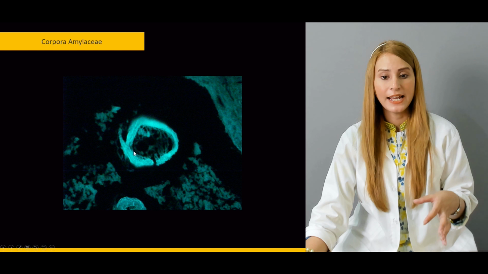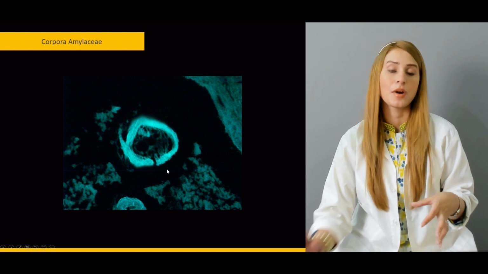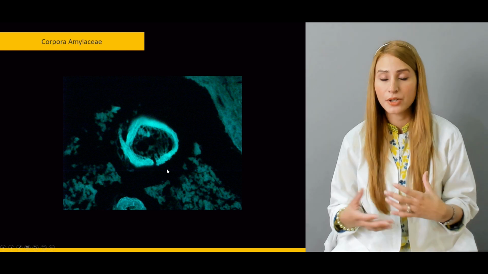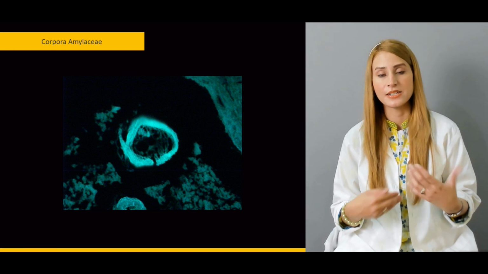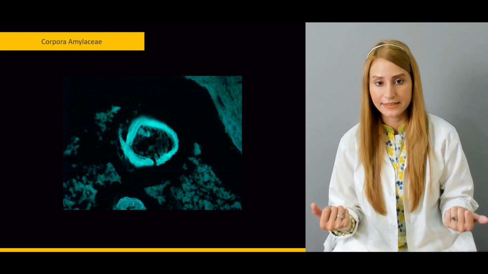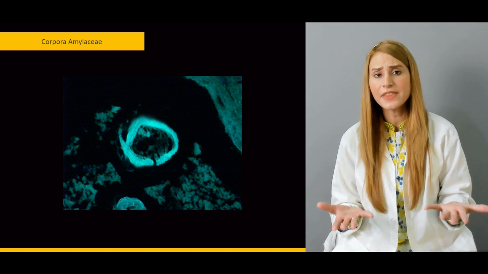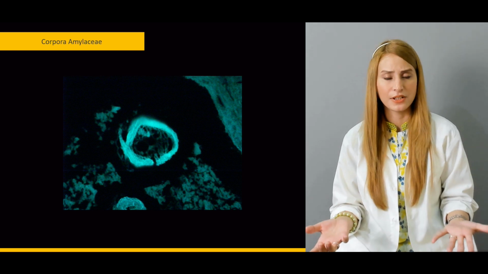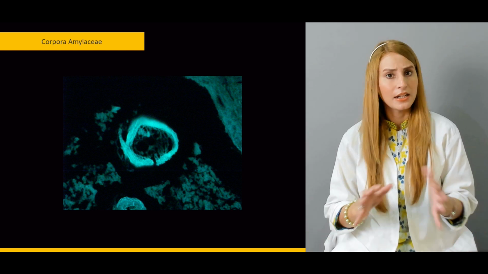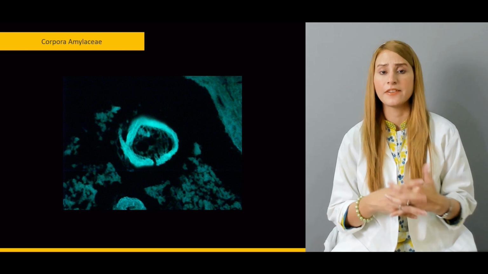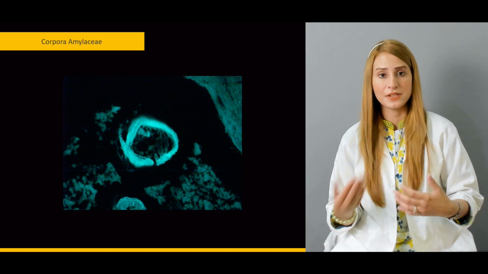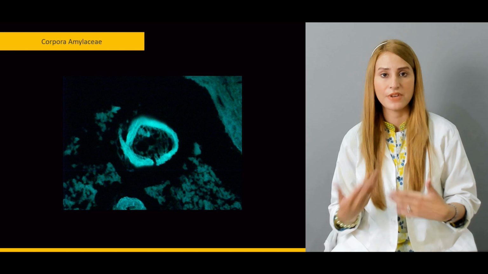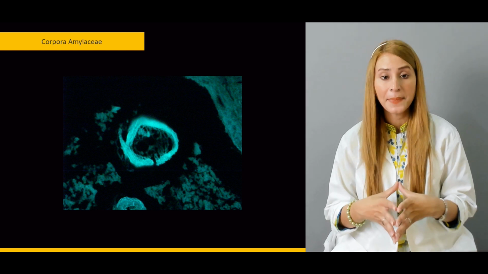You can see here in the picture, these are the lamellated bodies which are present in the prostate gland, and these corpora amylacea later develop into the endogenous prostatic calculi. If they are asymptomatic, no surgery is needed. But if they become full-blown and develop into the endogenous stone, then you go for the transurethral resection of the prostate.